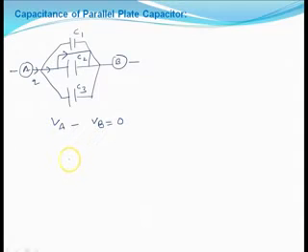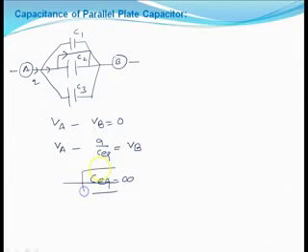It's clear? Or you can say in the equivalent circuit, VA minus Q by C equivalent equal to VB. And if you compare both the equations, you can say C equivalent is infinite. In parallel capacitors, if you short any of the capacitors, net capacitance becomes infinite. I hope it is clear to you.